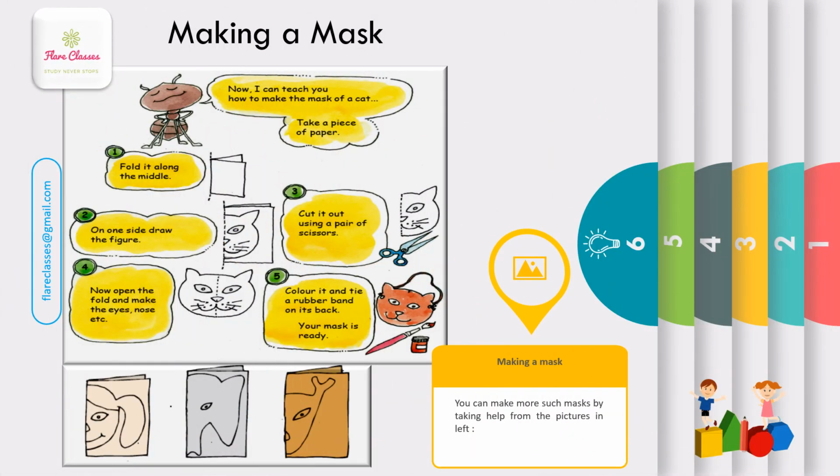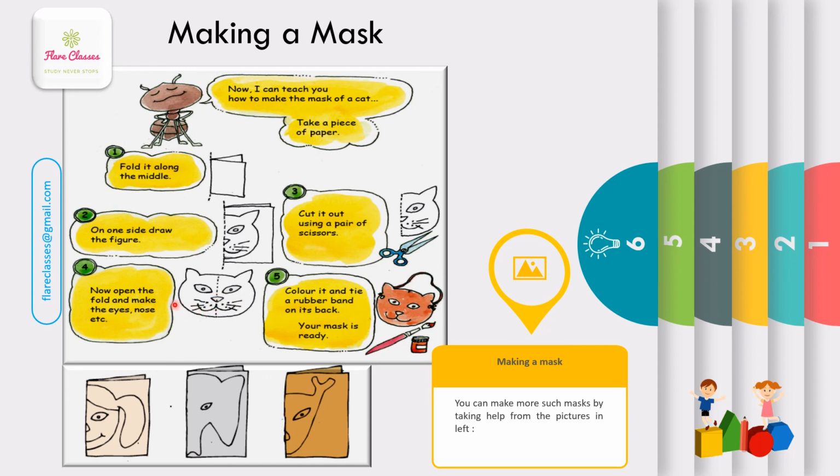Now I will teach you how to make the mask of a cat. Take a piece of paper, then fold it in the middle like this. In the second step, on one side, draw the figure of a cat. Now cut it out using a pair of scissors.